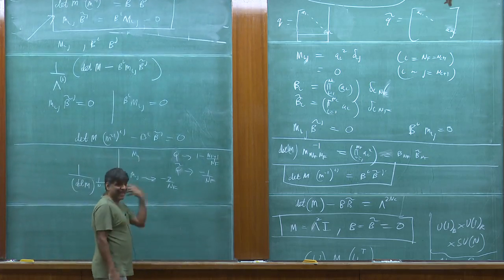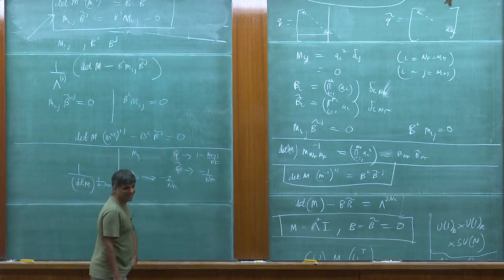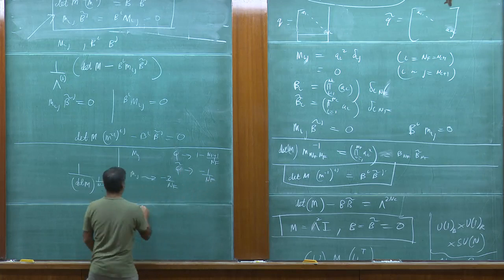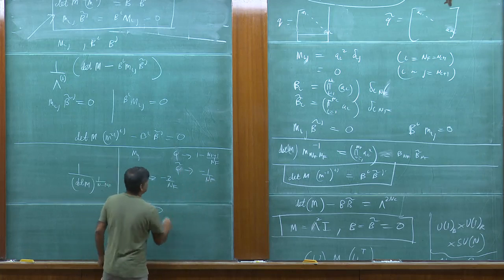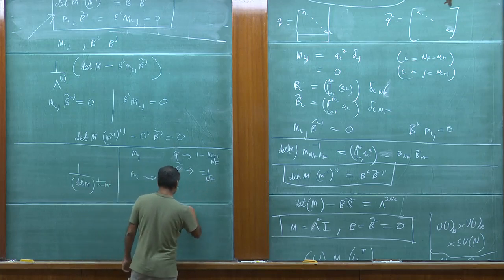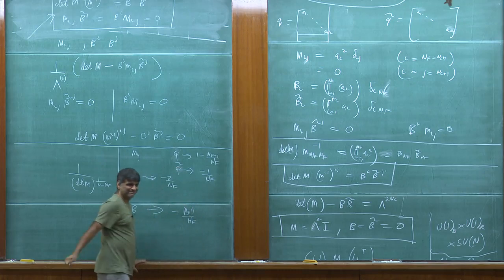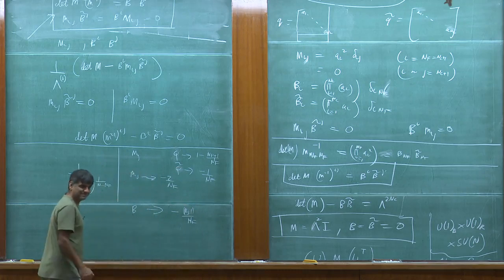B is a product of NC M's, NC Q's. So the charge of B is minus NC minus NF minus 1 by NF. Similarly, the charge of B tilde.